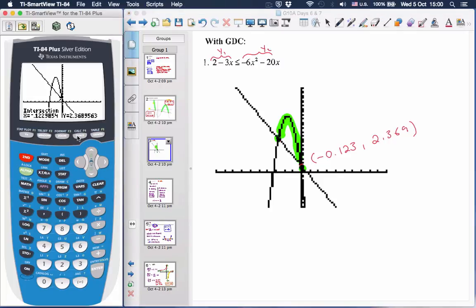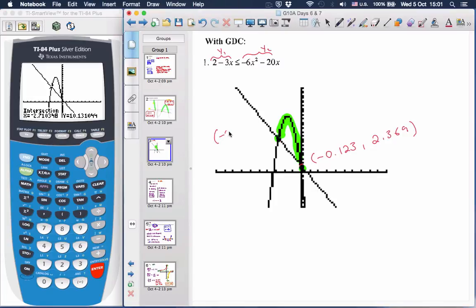And the left one, trace 5, enter, is negative 2.71 and 10.1. So the x values are negative 2.71 and negative 0.123. So when does this happen? It's between those two numbers, negative 2.71 less than or equal to x, which is less than or equal to negative 0.123.